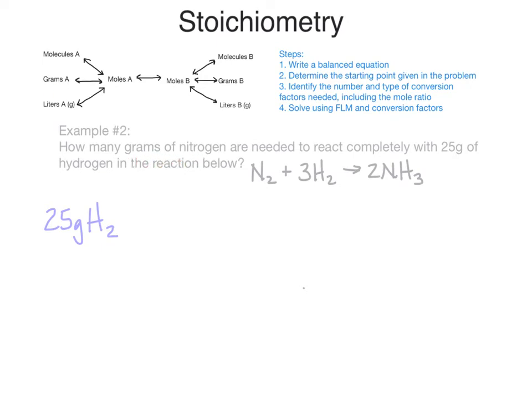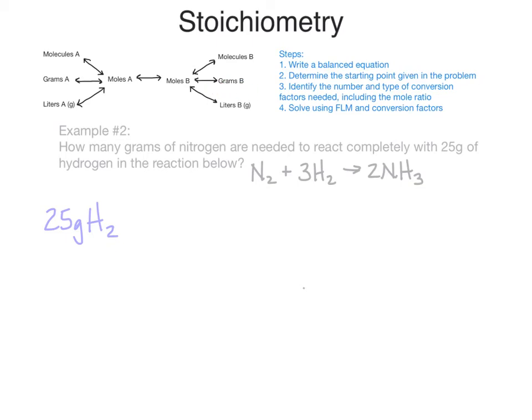So hydrogen is going to be my A and nitrogen is going to be my B. So I'm starting at grams of hydrogen, then I'm going to use one conversion factor to get to my moles of hydrogen, and then I'm going to convert using my mole ratio conversion factor to get to my moles of nitrogen, and then finally through one more conversion factor get to my grams of nitrogen.